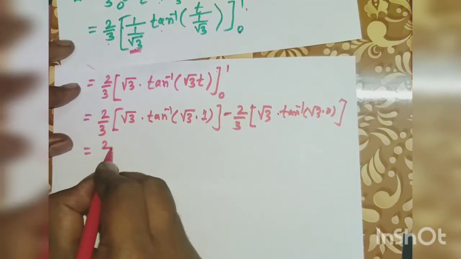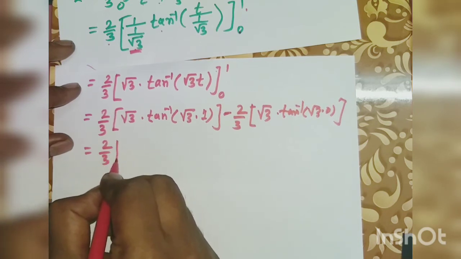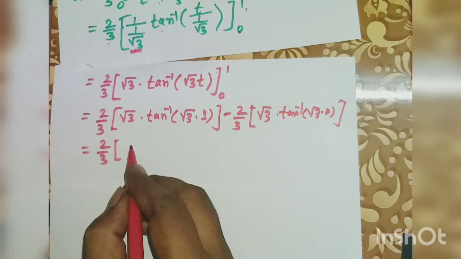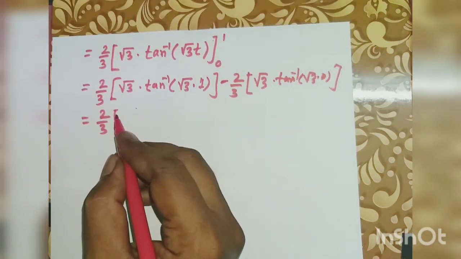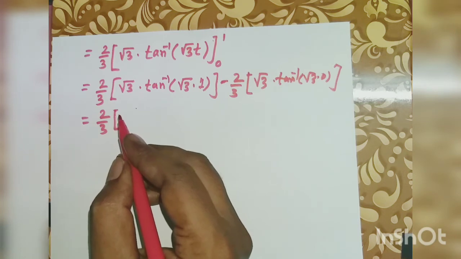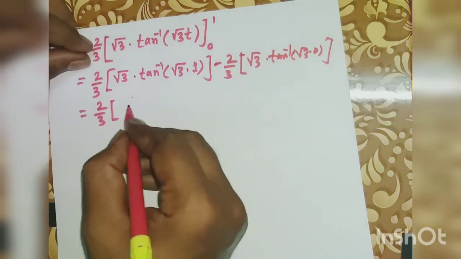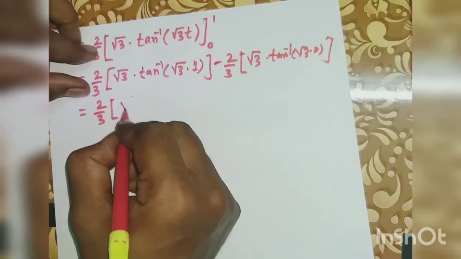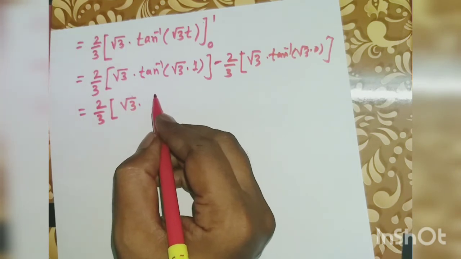It is equal to 2 by 3 bracket root 3 into tan inverse root 3.